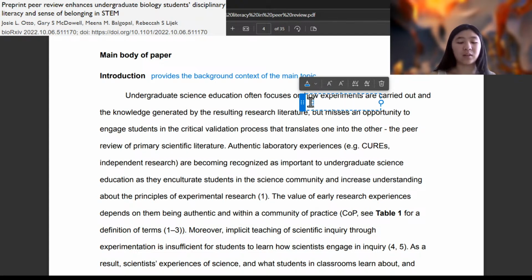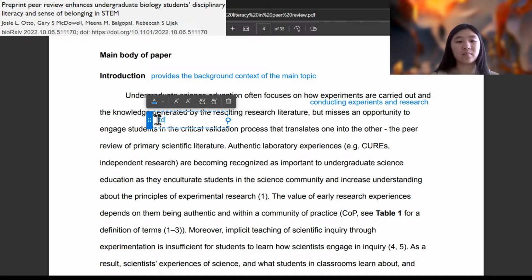So it focuses on conducting experiments and research, but it does not teach them to critically evaluate and analyze scientific articles.